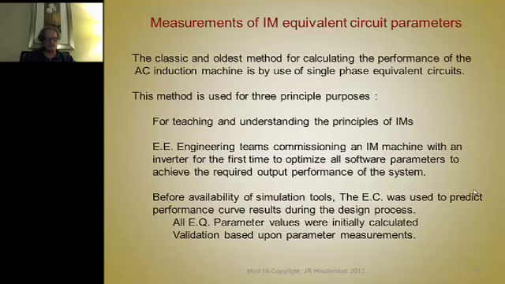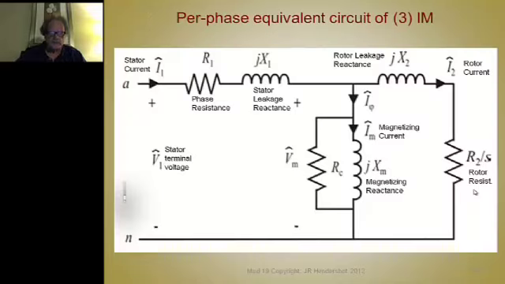All the equivalent circuit parameters were actually calculated using classical formulas, and that's how the design was predicted. But eventually, after the motor was built, validation was performed by measuring all these equivalent circuit parameters and comparing them with the simulated results.